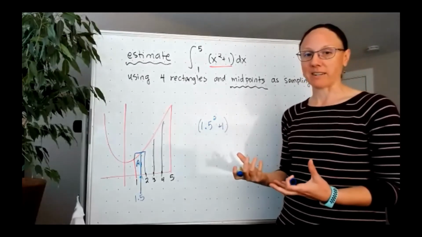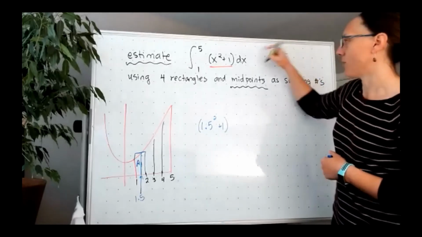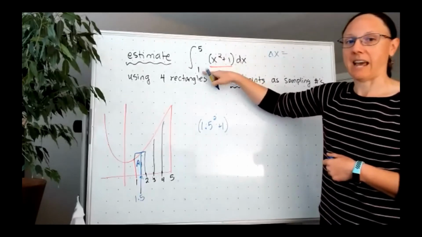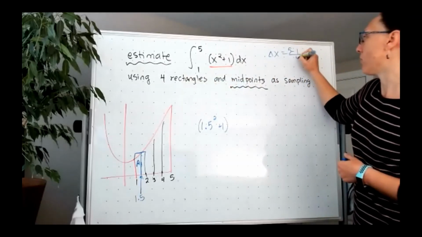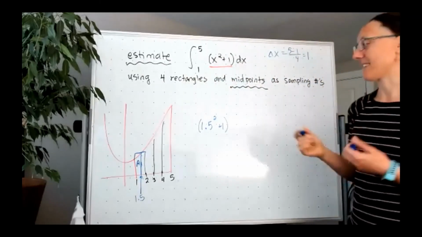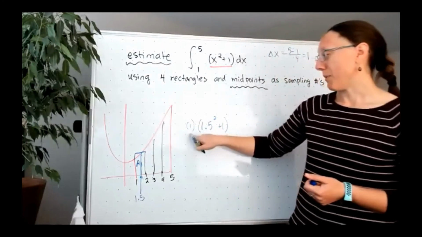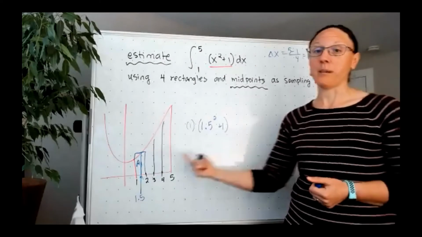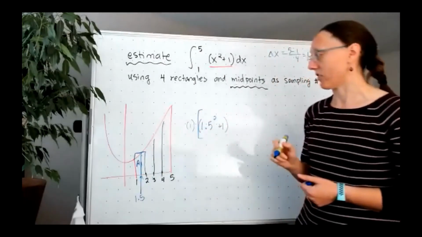And then the base of my rectangle, I didn't actually do yet, but to get that delta x, remember I'm doing b minus a over n. So I'd have 5 minus 1 over 4, or my delta x is 1. Here's my base and my height. Because the base is the same for all of the rectangles, I'll go ahead and keep it factored out.